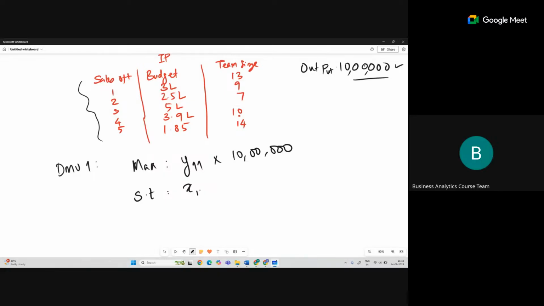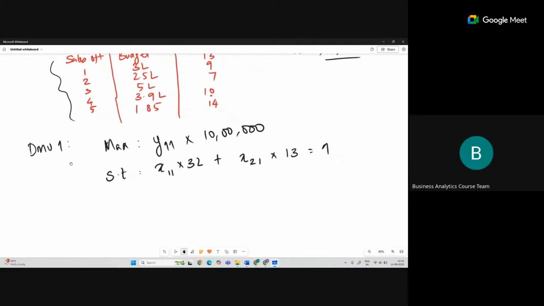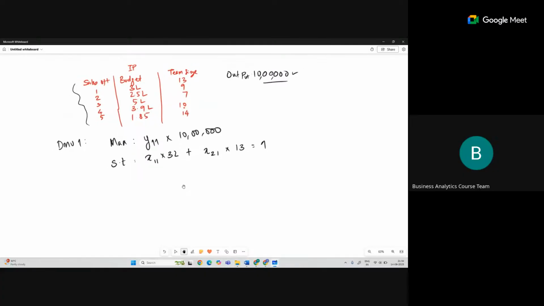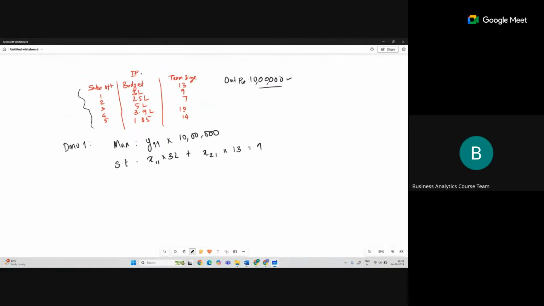So x11 into 3 lakhs plus x21, I guess, into 13 is equal to 1. This is called a type constraint. Right? Next, let's talk about this. This is input 1, this is input 2.